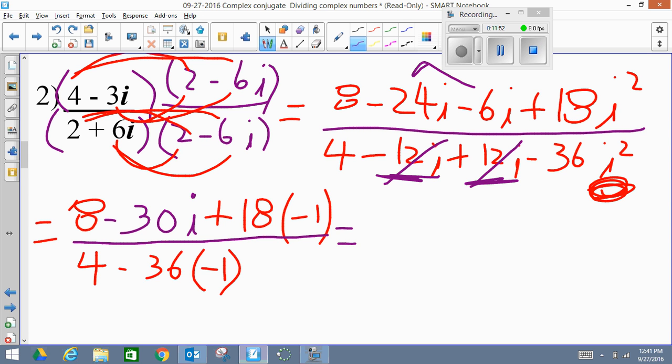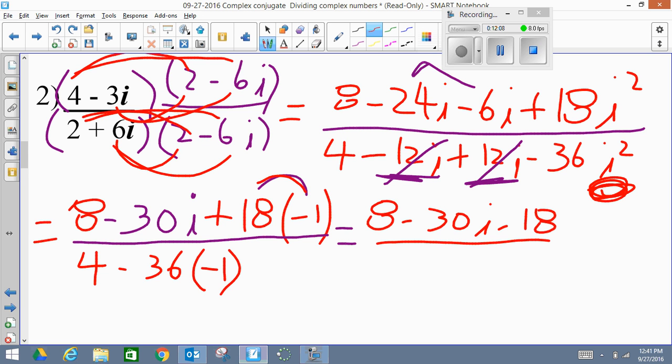Equals. 18 times negative 1 is going to give negative 18. So let me write that down. I'm going to have 8 minus 30i, then 18 times negative 1, negative 18, over negative 36 times negative 1, which is positive 36. I'm going to have 4 plus 36. Let's finish.